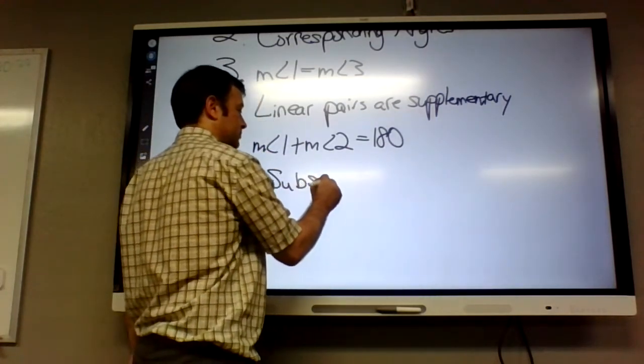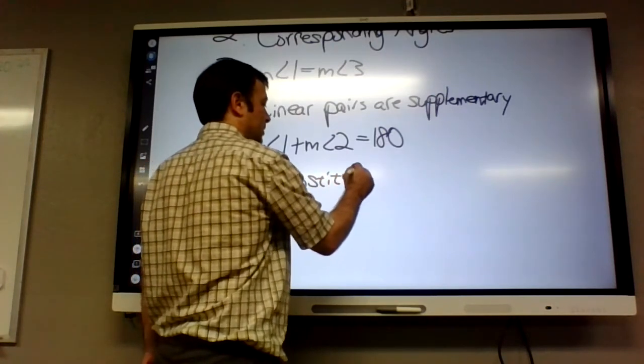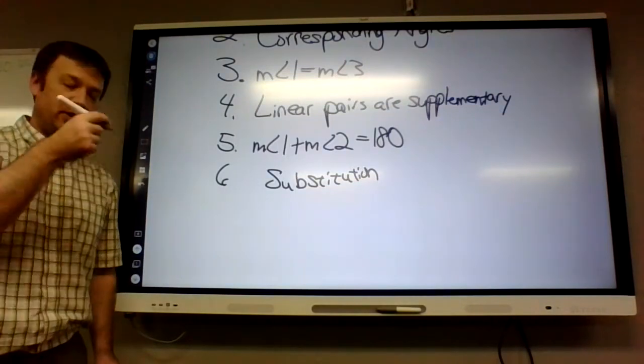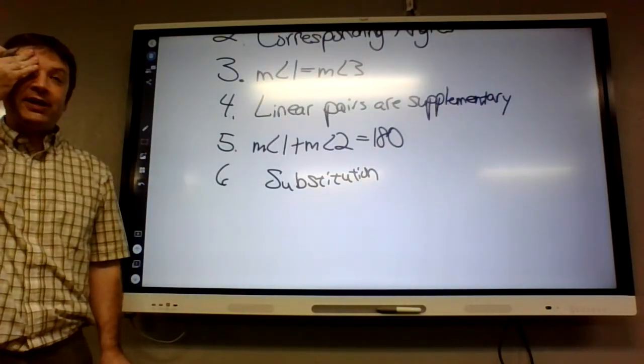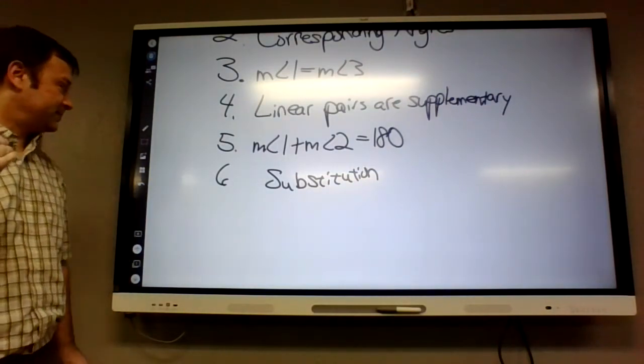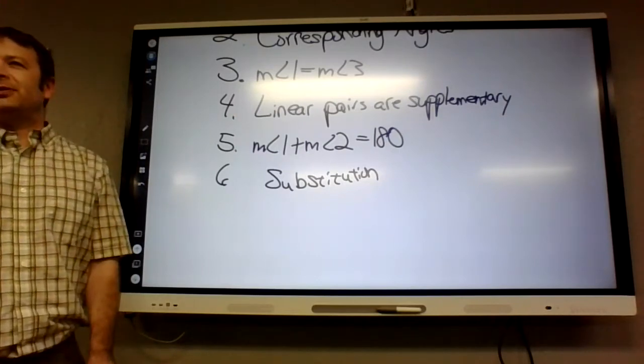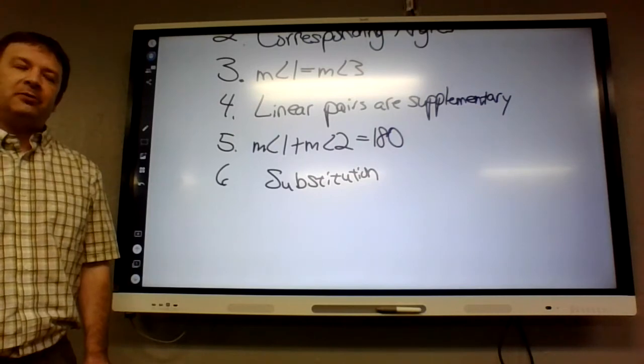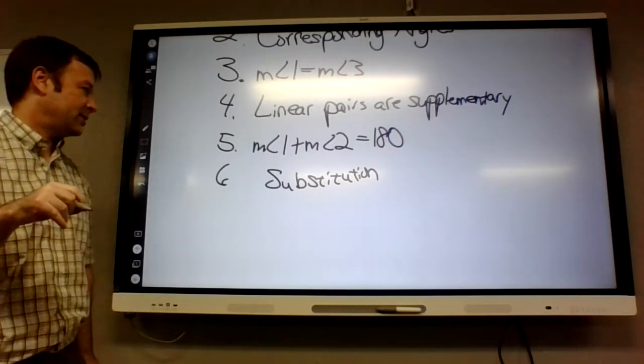I'm going to give both of you credit. I would not count it wrong if you put transitive on that one. Also on the test, the last line was supposed to be transitive, and a couple of people put substitution. I went ahead and allowed that too.